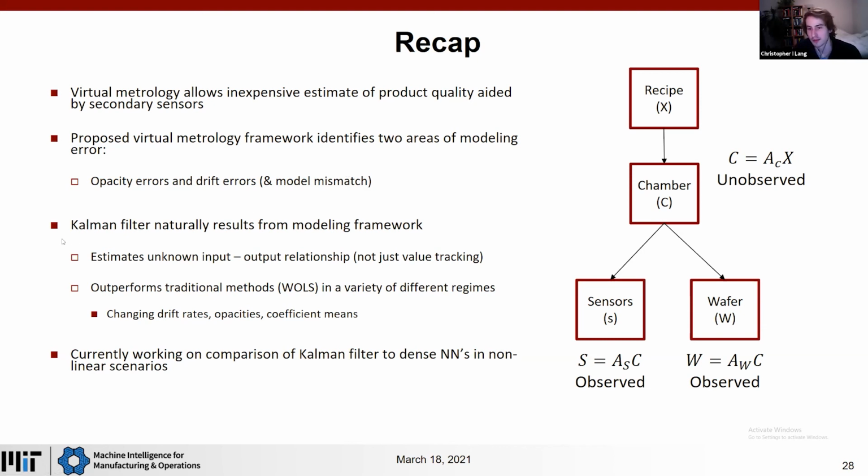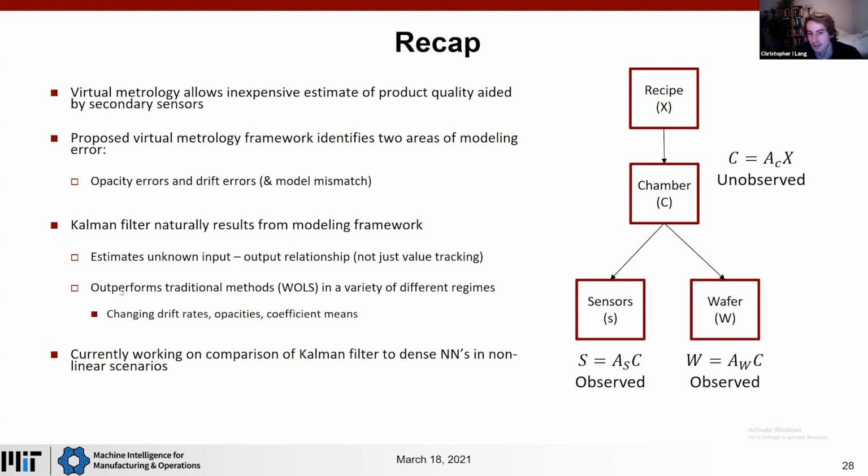Under this framework, I think that Kalman filters are a natural and often optimal way of modeling the relationship between the sensor and wafer variables. And I think it's a particularly interesting use of a Kalman filter because normally they're just used to track a single value, but what we're actually tracking is this input-output relationship, which is a little bit unique, I think.